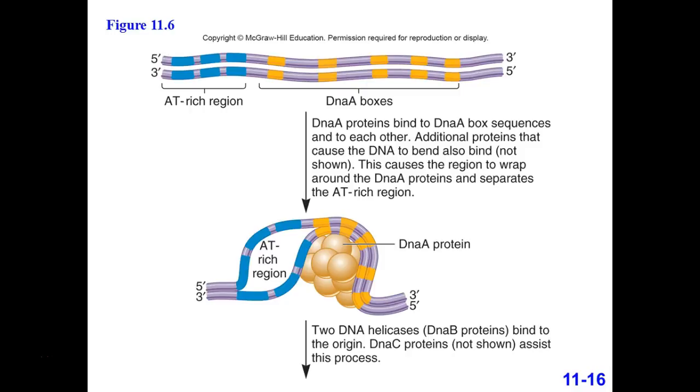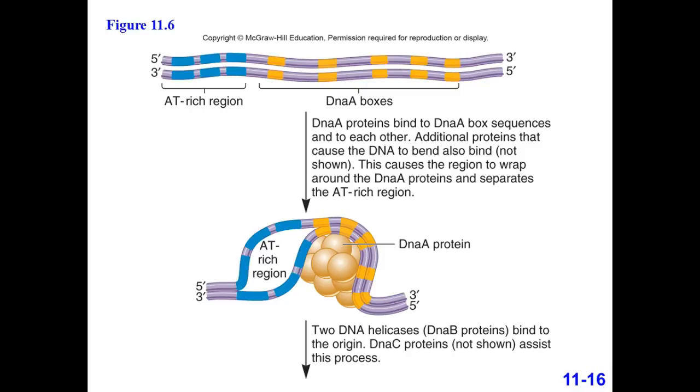So replication, one cycle starts, and it's not until those separate and that both strands become methylated that replication could potentially start again, right? Because think about this, if we started replication and then started it again, we'd have a big tangled up mess, right? So that's one of their ways of regulating replication, is methylation of those sequences.